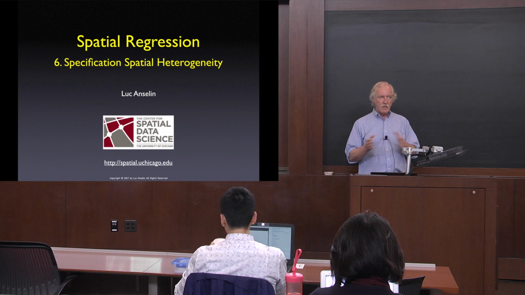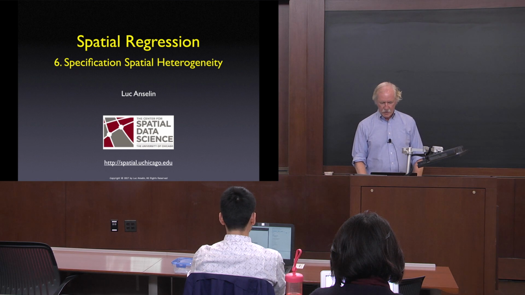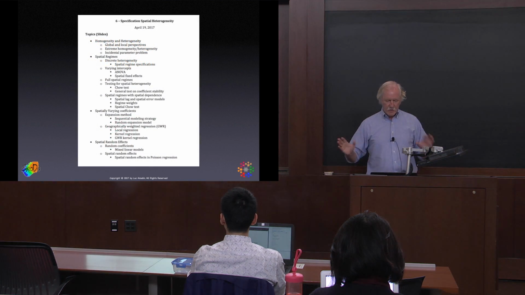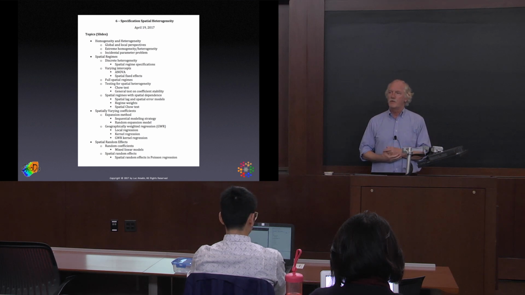So today we shift gears a little bit and we focus on the other type of spatial effects, spatial heterogeneity. Basically, what I'm going to do is a very high-level overview of the different ways in which we can model and take into account spatial heterogeneity, starting with very simple discrete ways of putting heterogeneity in the model, to more continuous ways where the variables change as a function of other variables, or we put in random effects.